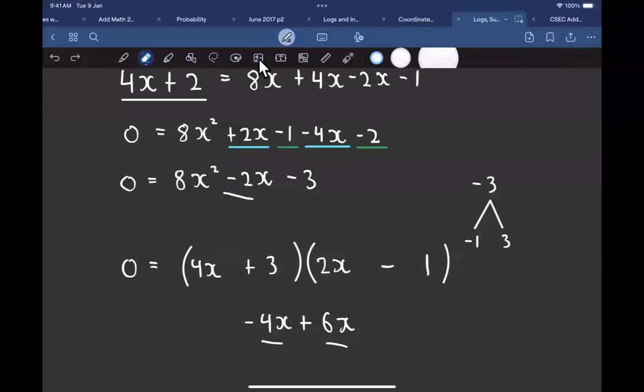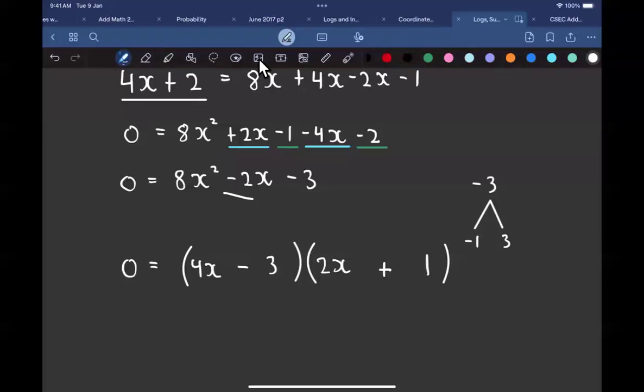It will switch to be 4x minus 3 and 2x plus 1. Right. And will that work out now? Let me see. So Kira, we're not really bothering with this and this. We're really bothering with the 4x by the 1 and the minus 3 by the 2x. So where's 4x by 1? 4x.